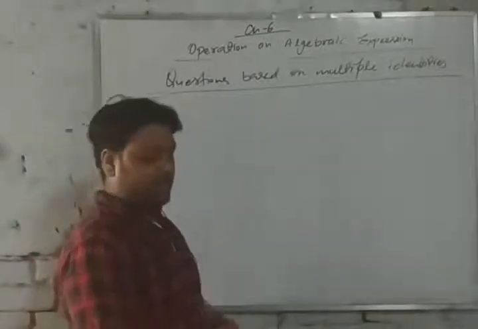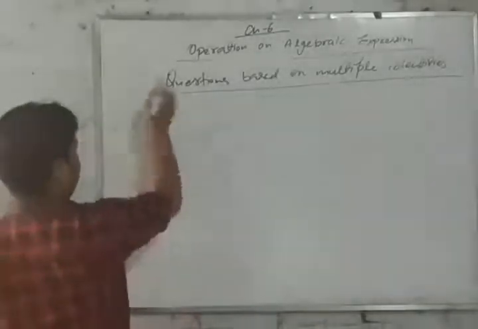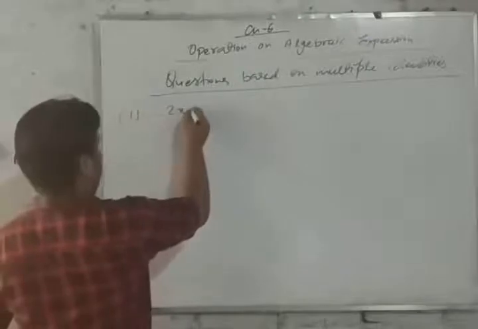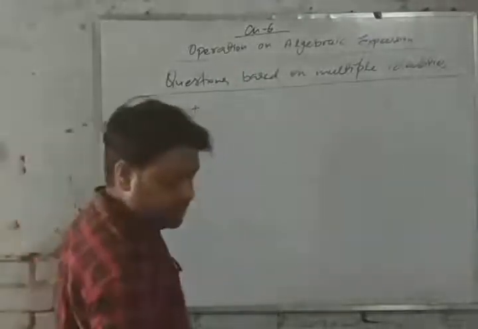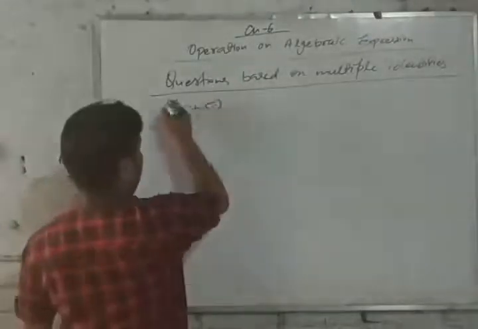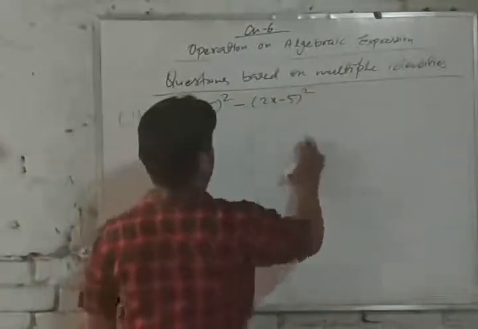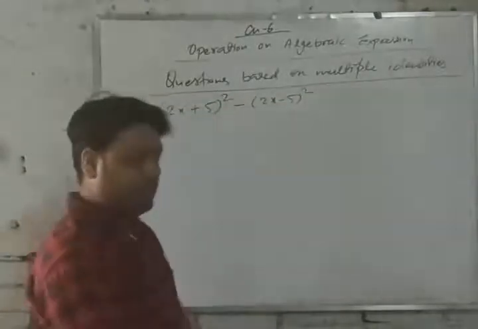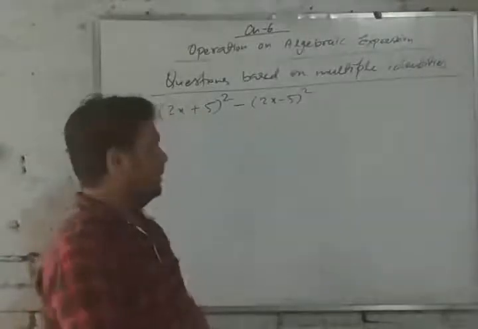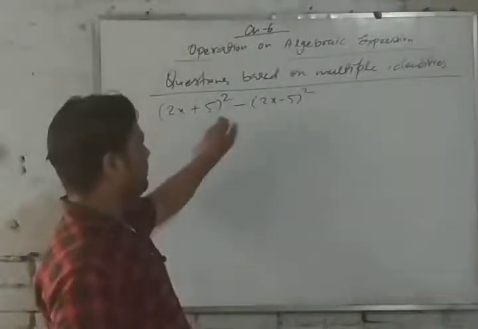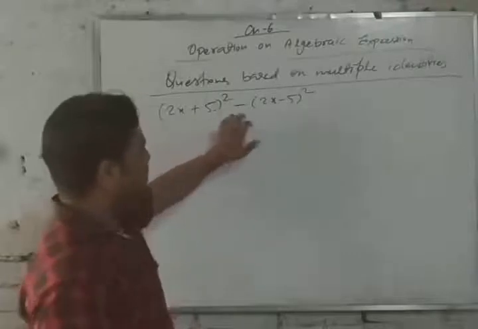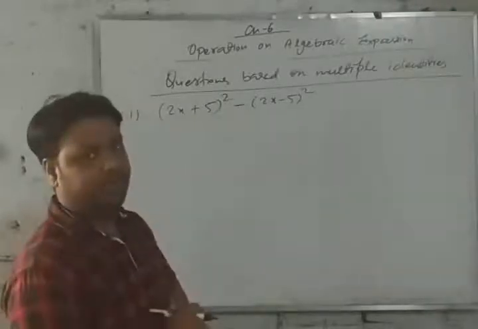Okay, let's see. If the question is (2x + 5) to the power 2 minus (2x − 5) to the power 2. Now you can see here, in between there is minus, and both terms are matching or not. At first we will see.